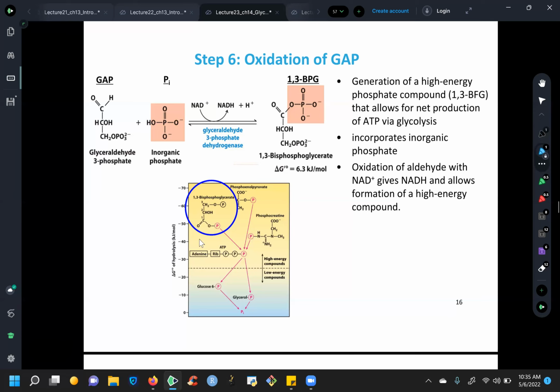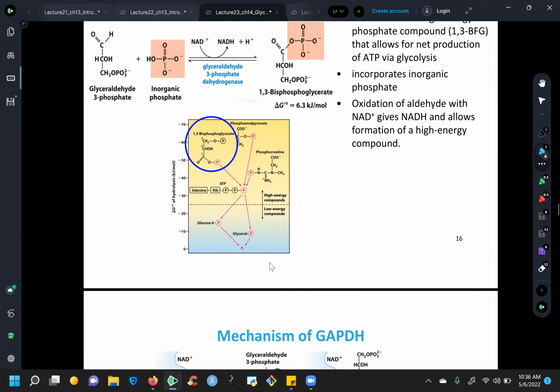Remember, this is a lot higher on the scale of energy, because it's like a -65 delta G, it looks like. Oh no, for this one it's like, I don't know, almost 50. So it can definitely be used to make ATP.